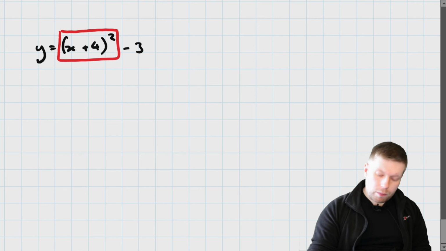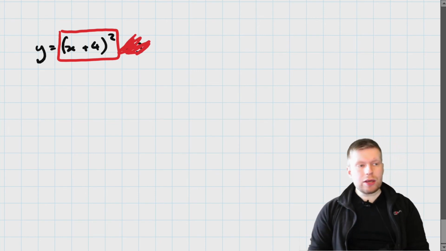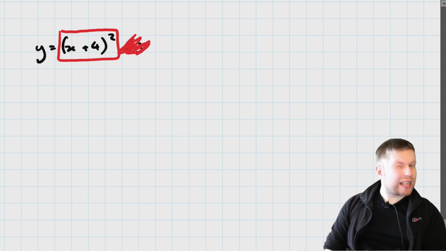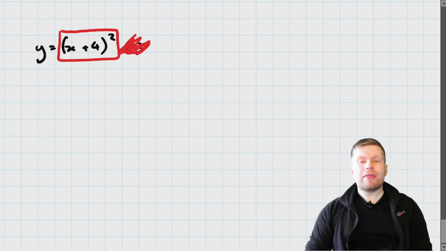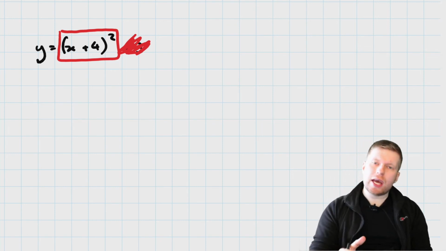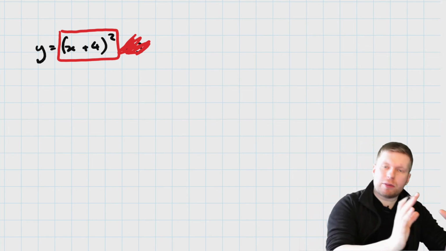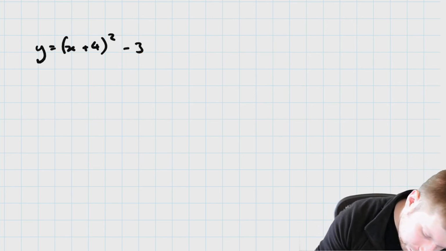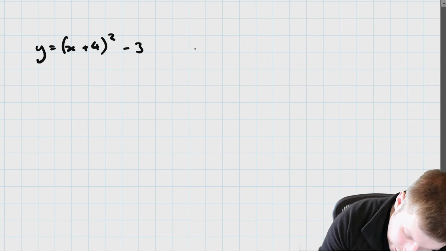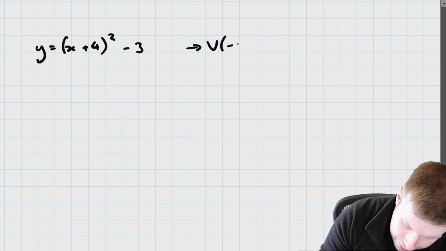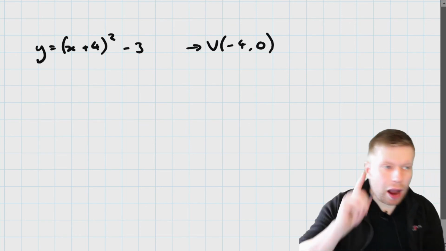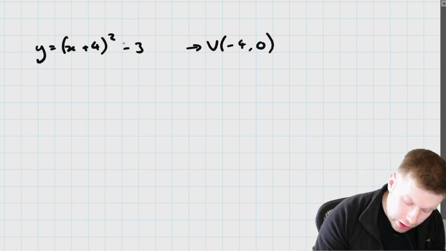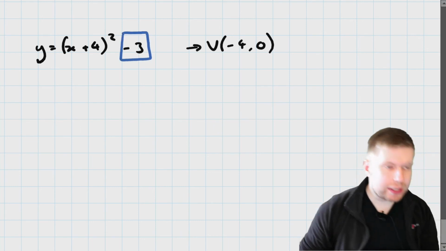Well, we know, so ignore the minus 3, we know that if we had y equals x plus 4 all squared, that would be a horizontal shift, but it would be a horizontal shift to the left by 4. Okay, so in other words, the vertex would end up at negative 4, 0. However, there is also another transformation that is being applied here. We've also got the take away 3.